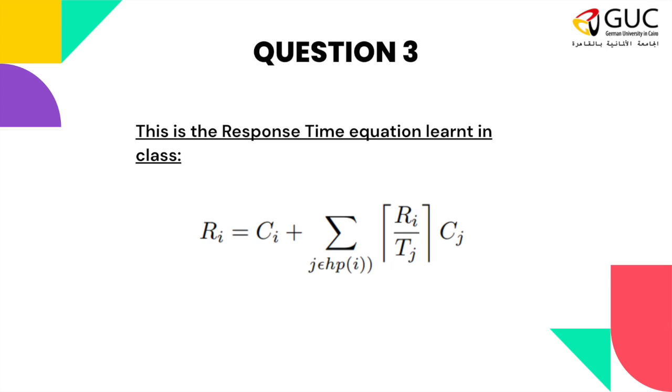So if I was trying to calculate the response time of task A, R of A equals the computation time of A plus the summation over HP of A, all tasks with higher priorities than A, which were B and C, because both had higher priorities than A. So J once will be for B and the other time it will be for C. So we're going to calculate the ceiling of R of A divided by T of B multiplied by C of B, plus ceiling of R of A over T of C multiplied by C of C. Okay, so HP of I denotes the tasks with higher priorities than I.